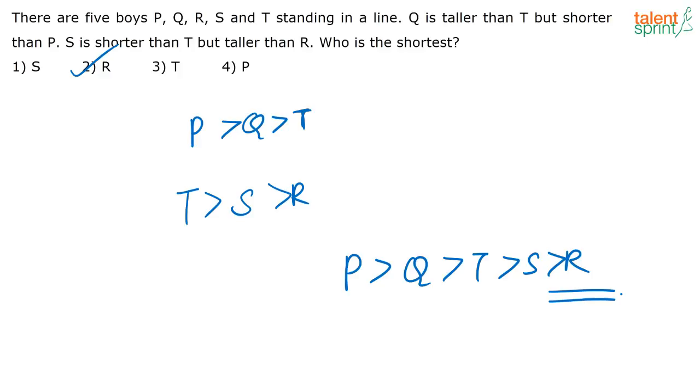Let's look at the next question. For those of you who gave me the answer as S, please check, it is R. Mahendra has given me the correct pattern, P, Q, T, S, R. That's correct.